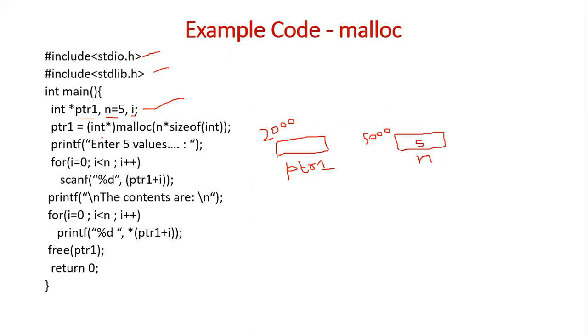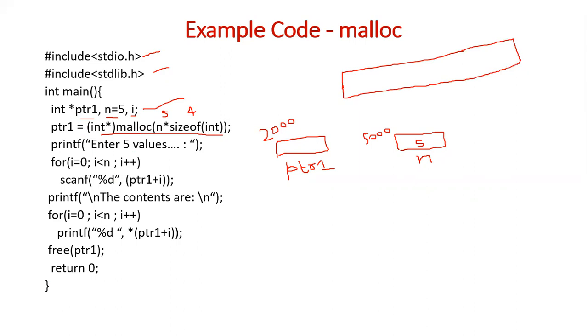Then when you give this statement, (int *) malloc(n * sizeof(int)), what happens? Size of int is 4, n is 5, so 5 fours are 20. It will allocate 20 bytes of memory, which can hold 5 integer values.